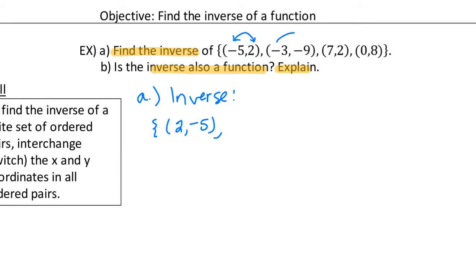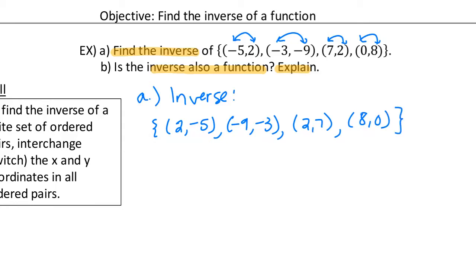Then my next one, these switch. So it would be -9, -3, comma. The next one would be 2, 7. And then the last one would be 8, 0. And then close it off with a curly bracket at the end.